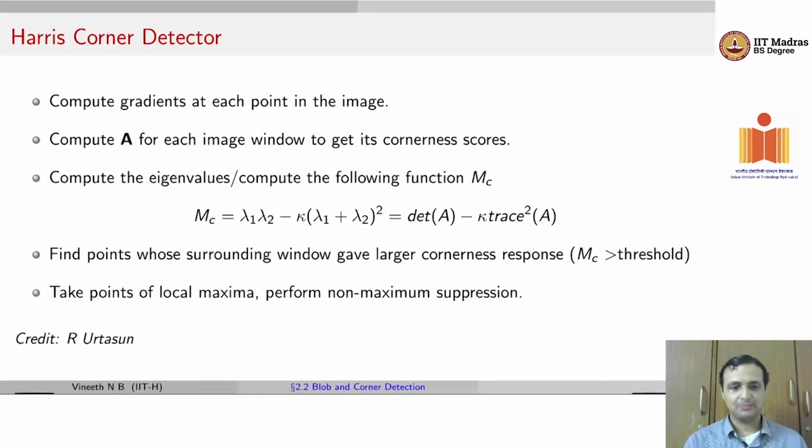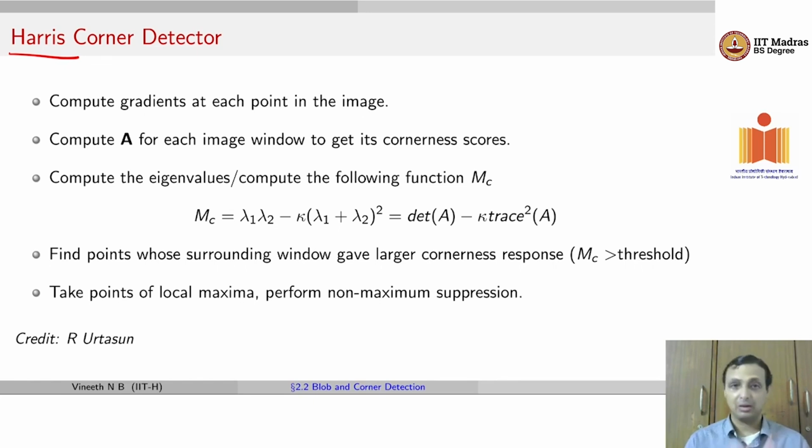So what do we do with this? The way we are going to compute your corner was a method given by a person called Harris, and that's why it's known as the Harris corner detector. It's a very popular detector that was used for several years. Of course, there have been lots of improvements and better methods that people have developed, but this was one of the earliest corner detectors and was used for many years.